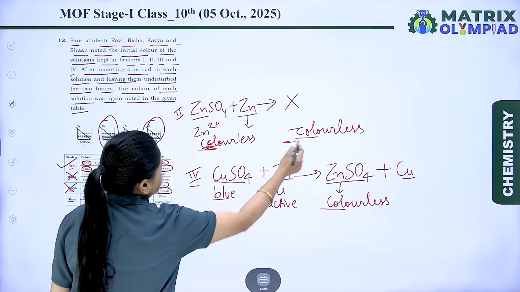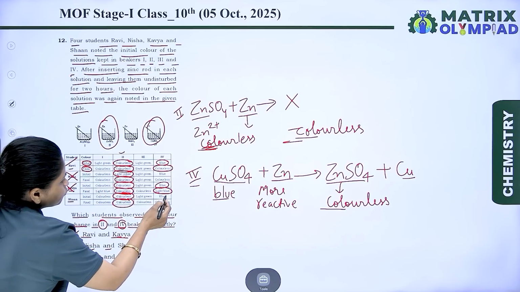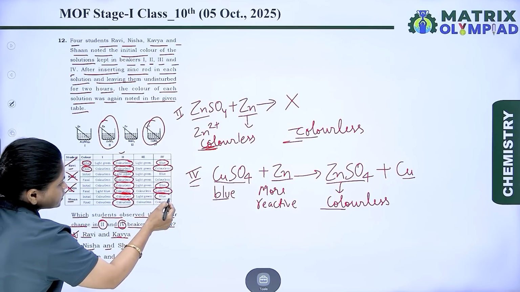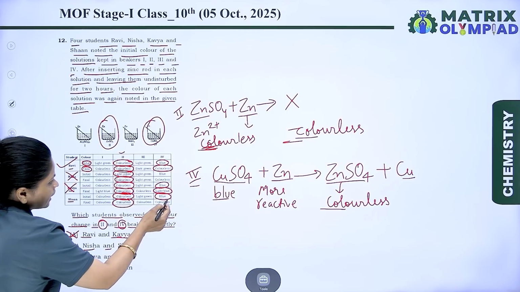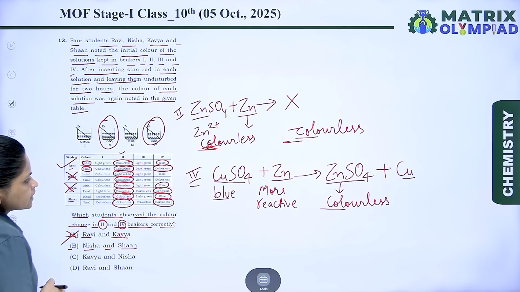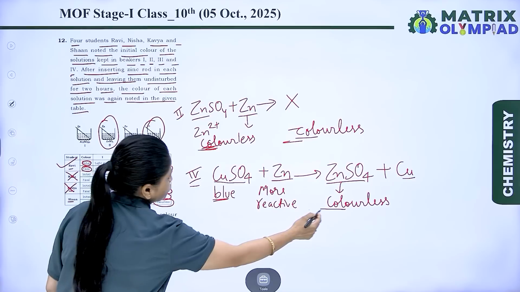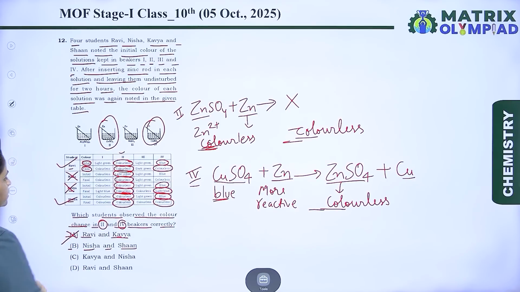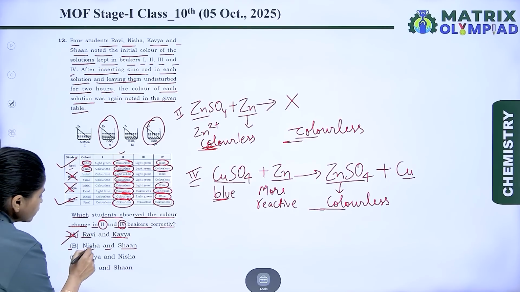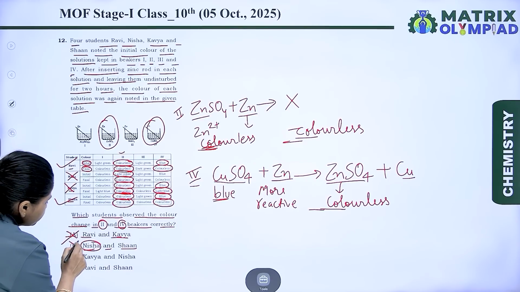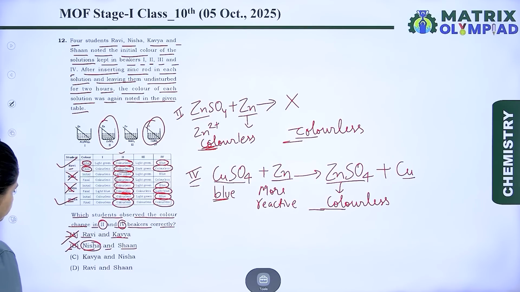That is correct. And for beaker 4, he finds blue initially and colorless finally. That is also true. So Shan finds correctly for beaker 4 also. So according to Nisha, the B option becomes wrong.